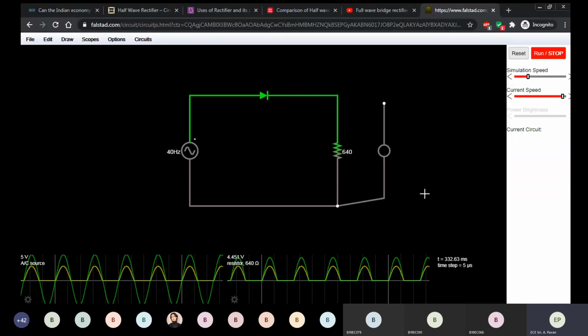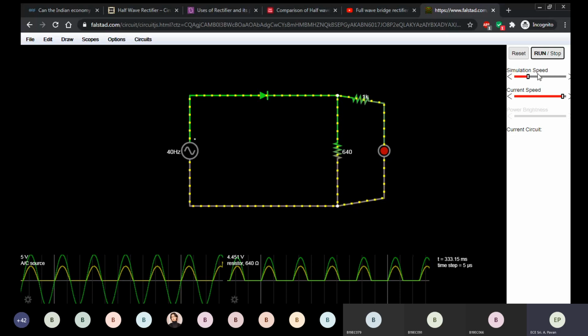When and only when the diode is on, this LED glows. Now let us see it. Now the LED is glowing. Why? Because the input is positive.